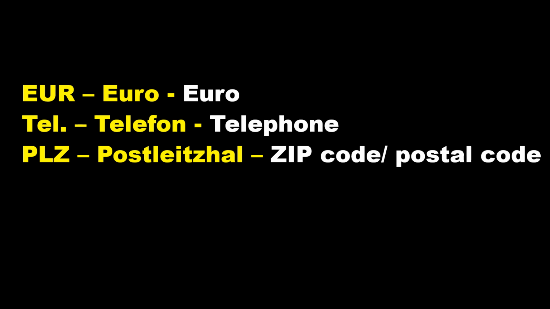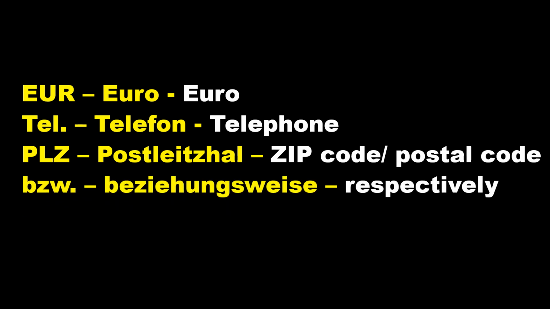English equivalent is also telephone, but the spelling is slightly different. In the German word we use only F, while in English we use PH. Next one is PLZ, which stands for Postleitzahl, which in English is zip code or postal code.